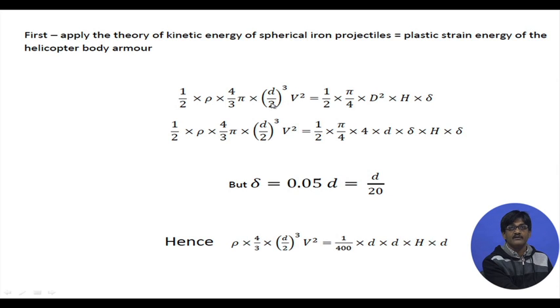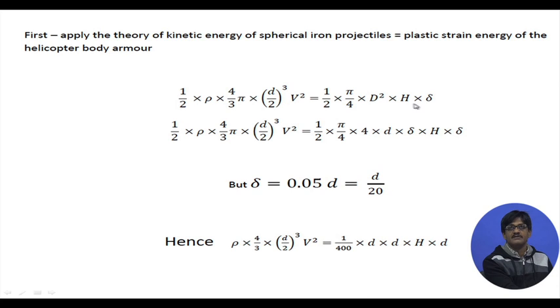This is equal to half into projected area of plus indentation multiplied by the hardness of the damaged armor plate multiplied by the indentation depth.